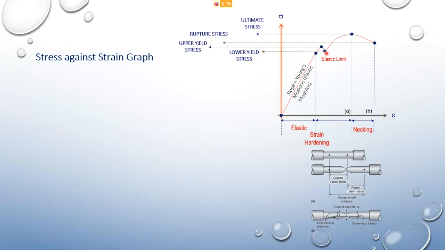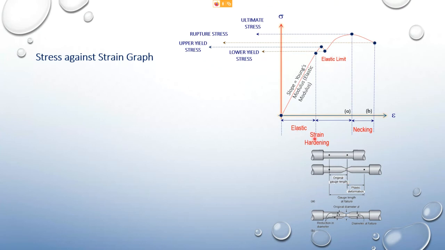And then if the load or the stress is further increased, it will enter this region here, where it starts to form a neck. This is called necking. So before it breaks, this shows that it is breaking already.